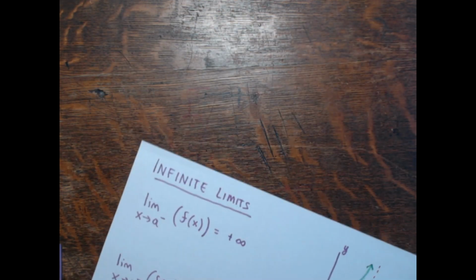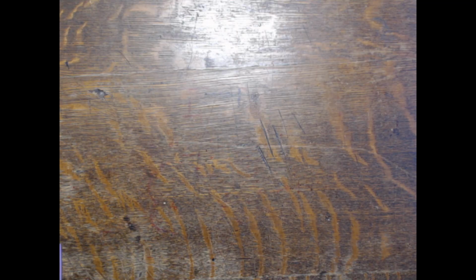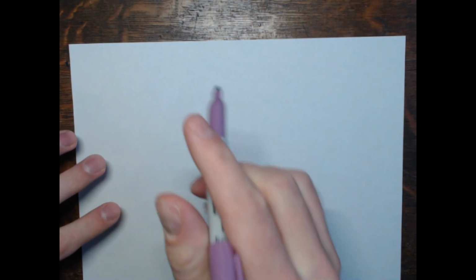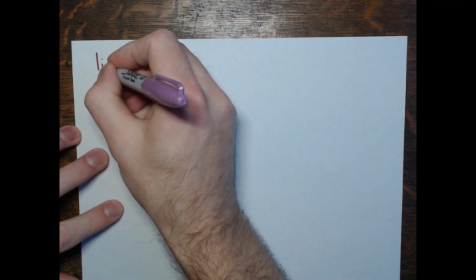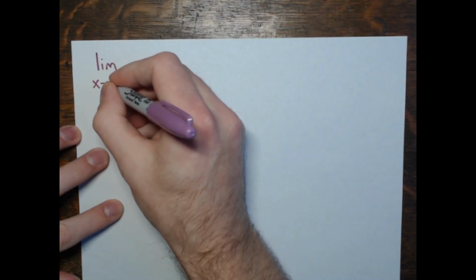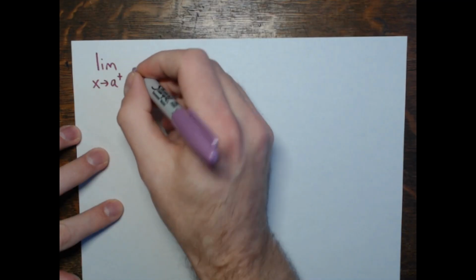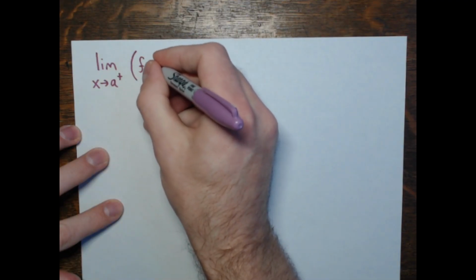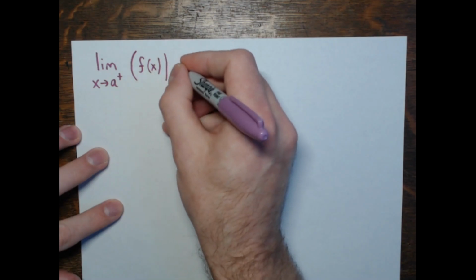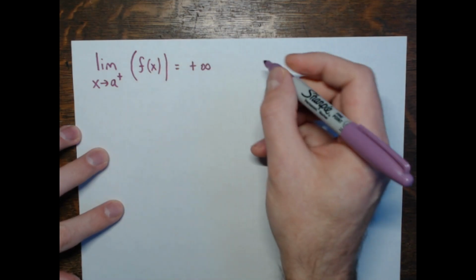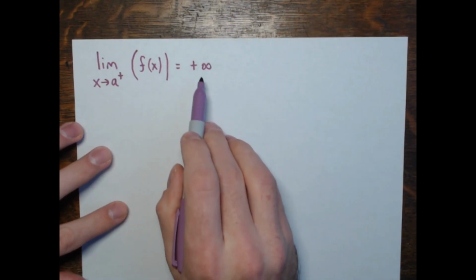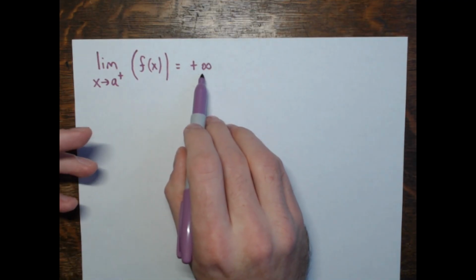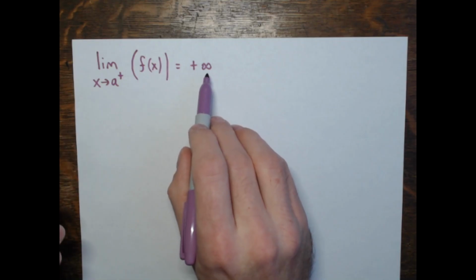All right, so another version. Those were left side limits. I could do the right side limits as well, being infinite. So if I approach a from the right, with a little plus sign, and I'm getting positive infinity, well, infinity is not a number.